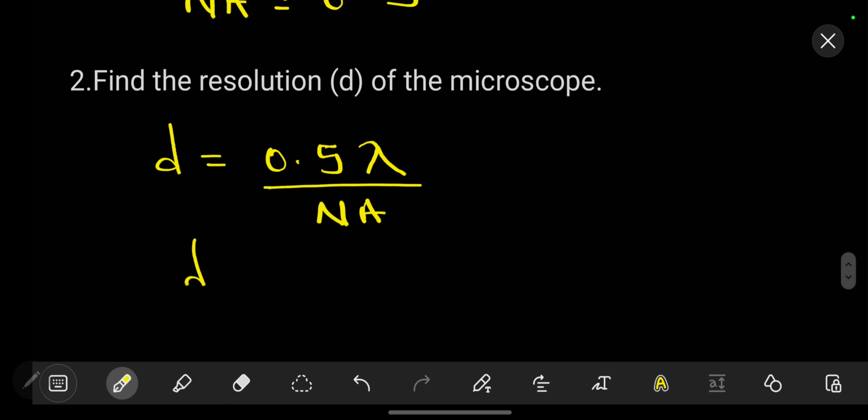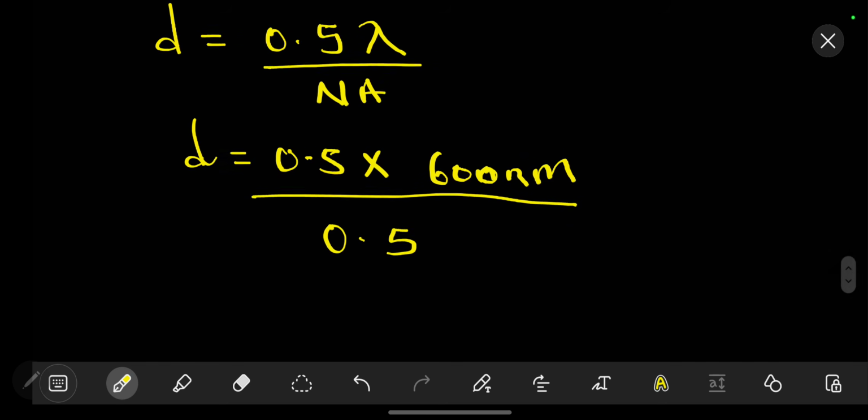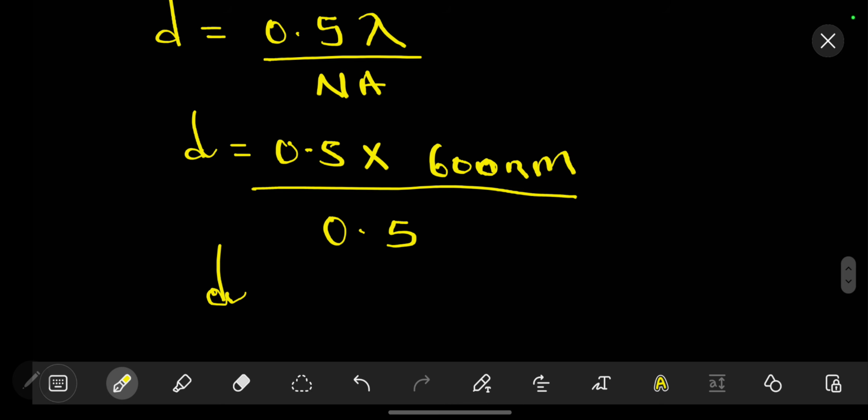So D is equal to 0.5 times the wavelength we have been given, 600 nanometers, over our numerical aperture, which we have found to be 0.5. So the 0.5 cancel, and our resolution is just 600 nanometers.